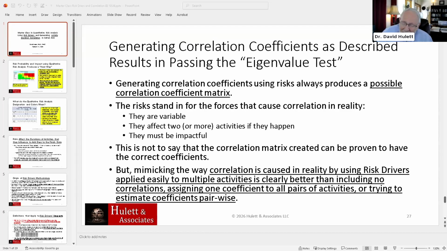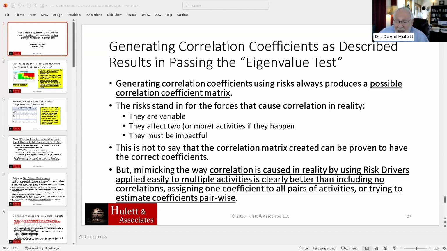So if D and C are 70% on the left-hand side, on the right-hand side, C and D are also 70%. And so you've got a very, very strict rule about what that correlation coefficient matrix ought to look like.